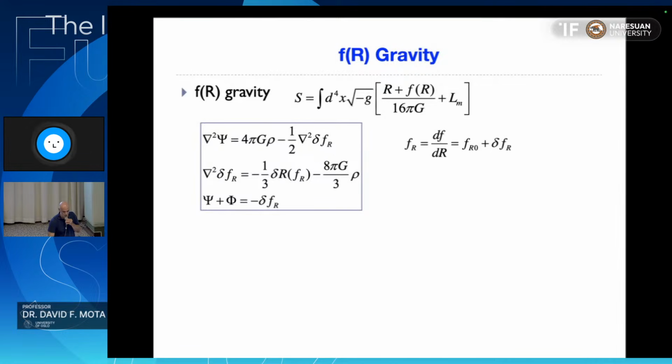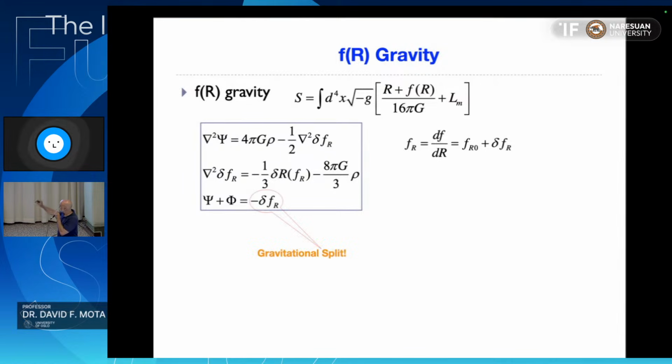Okay? So remember that f_R is just df/dR, and that's the propagating scalar degree of freedom. So if you prefer to think in the Einstein frame, that's what you can think of as your scalar field. So that's your propagating scalar degree of freedom.